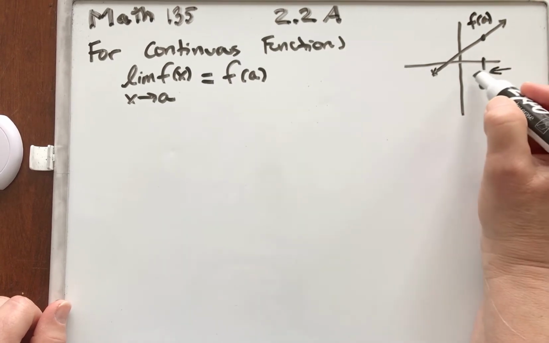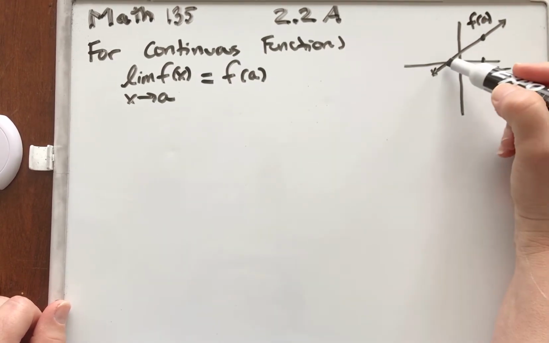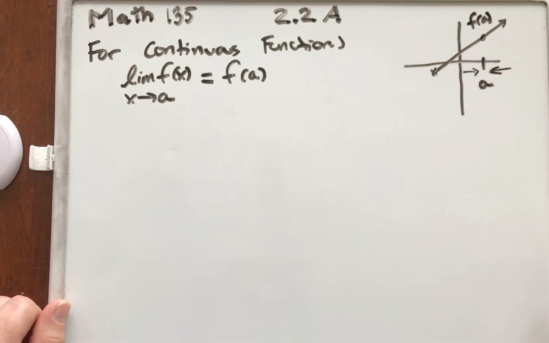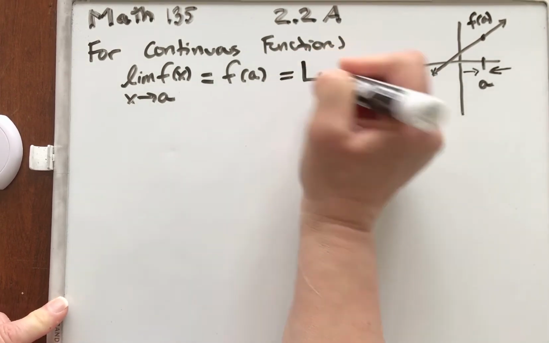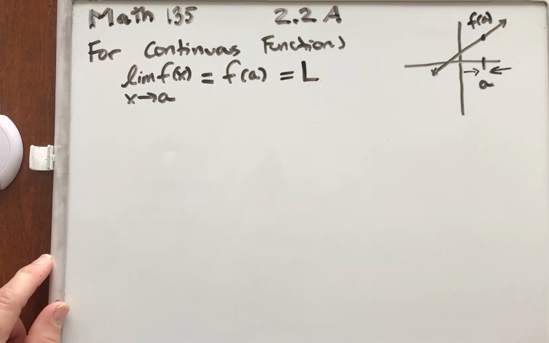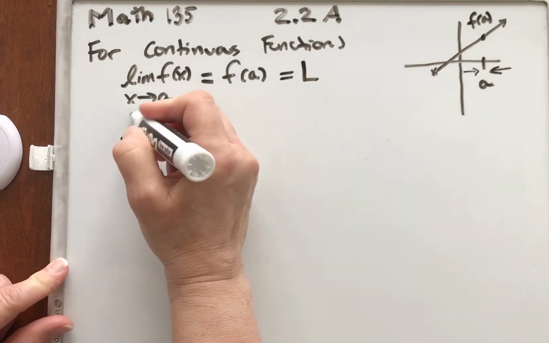If we approach A from the left, this graph goes to that point. So there the limit exists, and it happens to be f of A. And if you think about it, we can just say f of A equals L, where L is the limit.